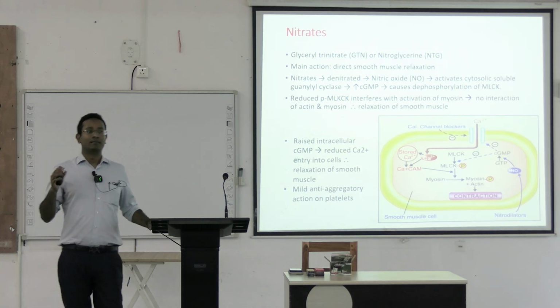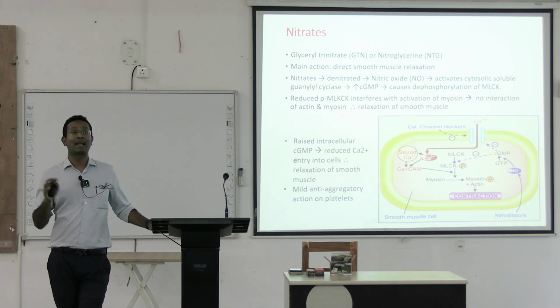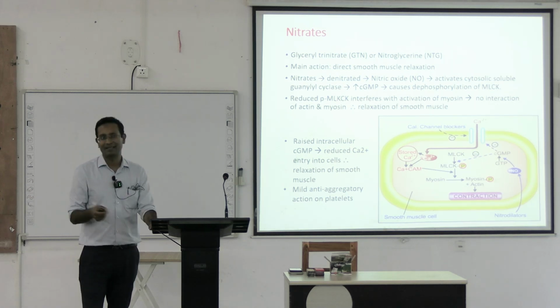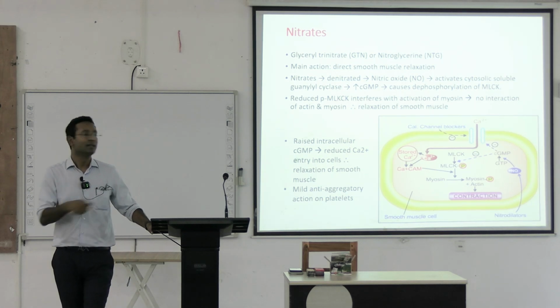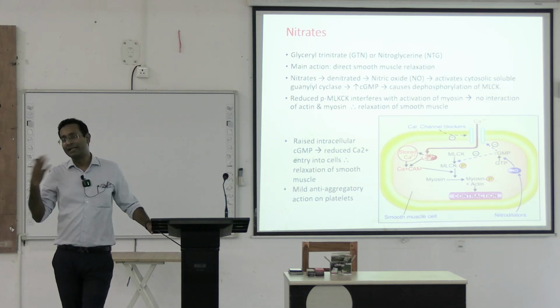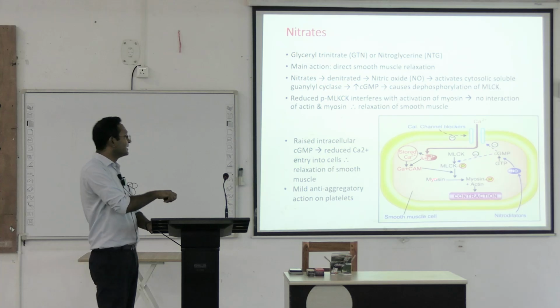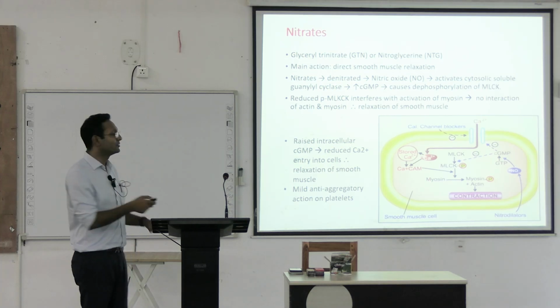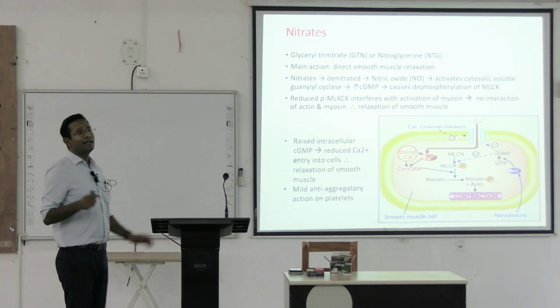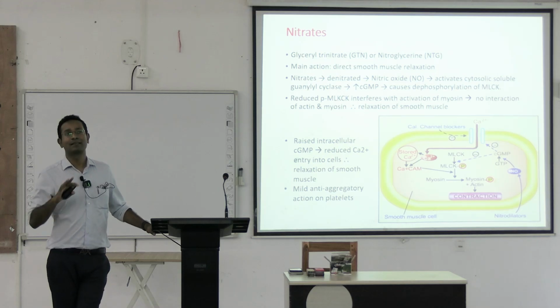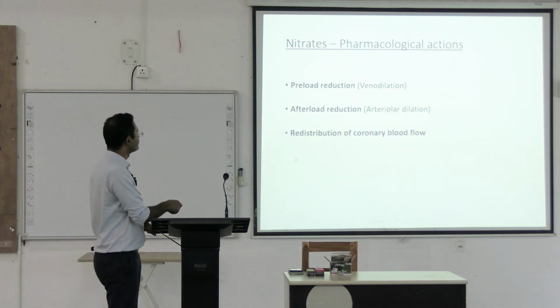Please mug up the classifications and understand this mechanism of action. If you understand it, it's very easy. Read the mechanism of action using this diagram, which is available in your KDT as well. It will help you understand the mechanism of action rather than mugging it up.